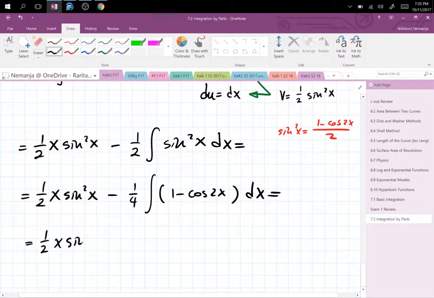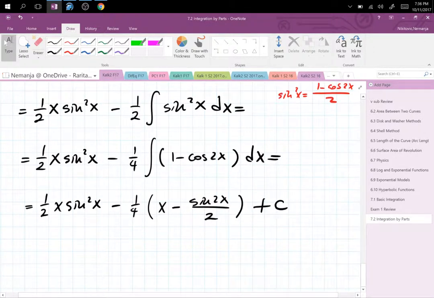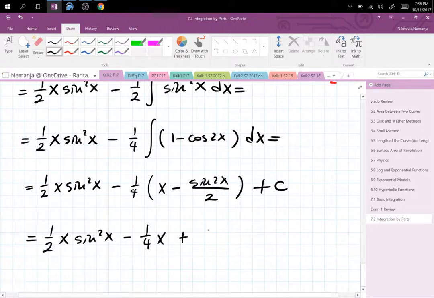That's 1/2 x sine squared x minus 1/4 times x minus sine 2x over 2, plus c. We can write this as 1/2 x sine squared x minus 1/4 x plus 1/8 sine 2x plus c.